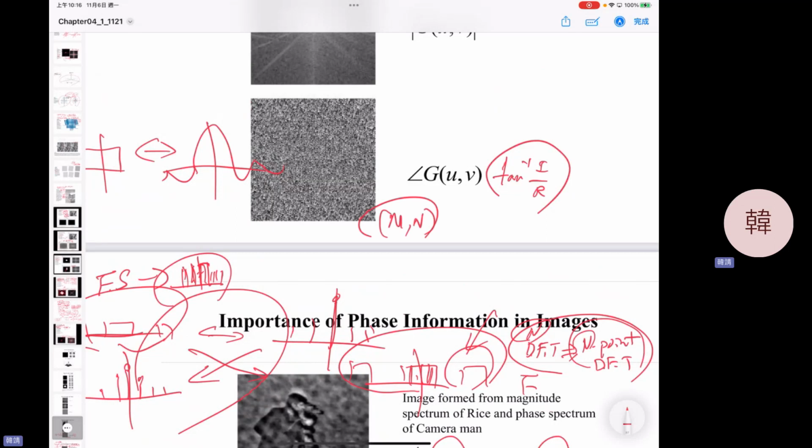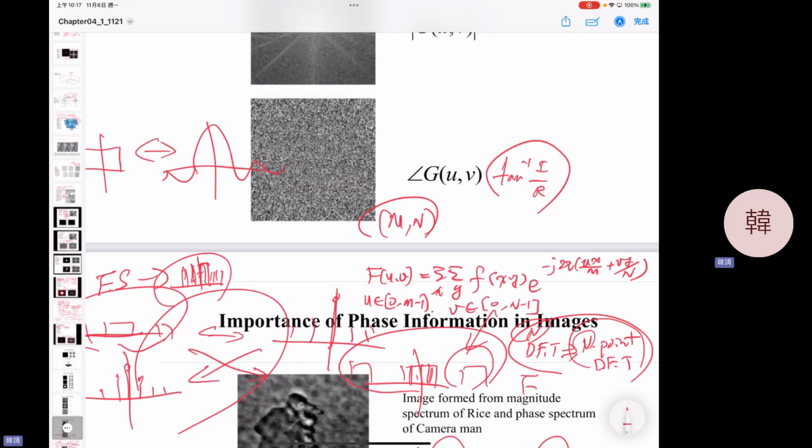This discrete Fourier transform is like we write here. F(u,v) in the frequency domain is the summation of f(x,y) in the spatial domain times exponential minus j 2 pi (ux/M plus vy/N). That's for your M by N image, where u belongs to 0 to M minus 1 and v belongs to 0 to N minus 1.